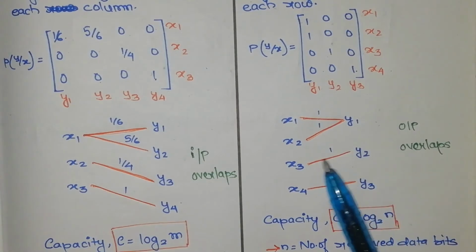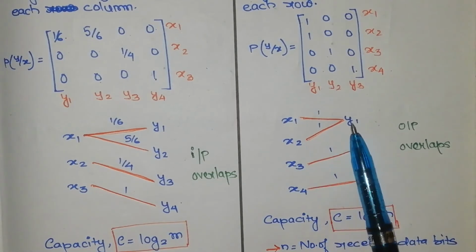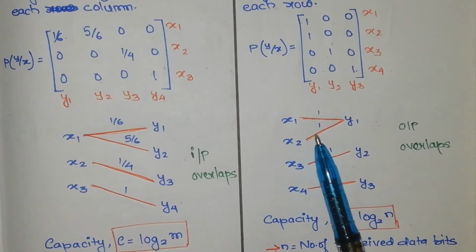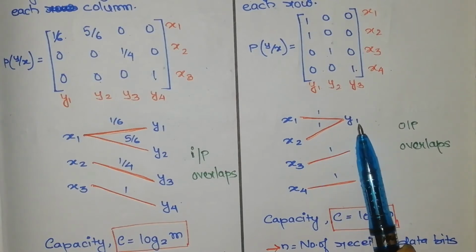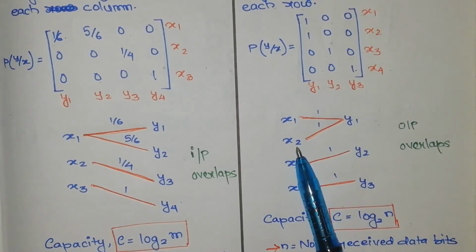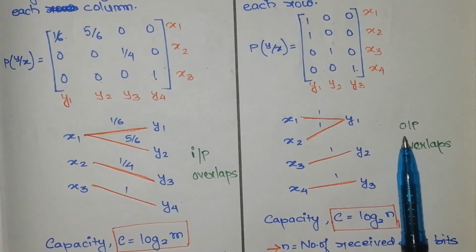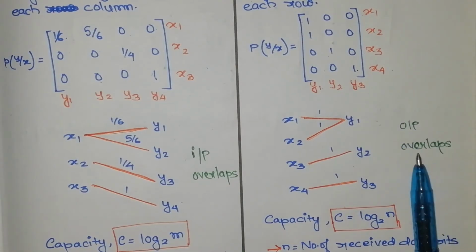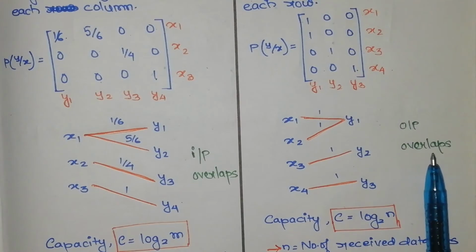So here what we can see is that for one output there are 2 inputs. So in other words we can say that there is only one output for 2 inputs. So we see an overlapping of the outputs, the outlets. In deterministic channel there will be overlapping of outputs.